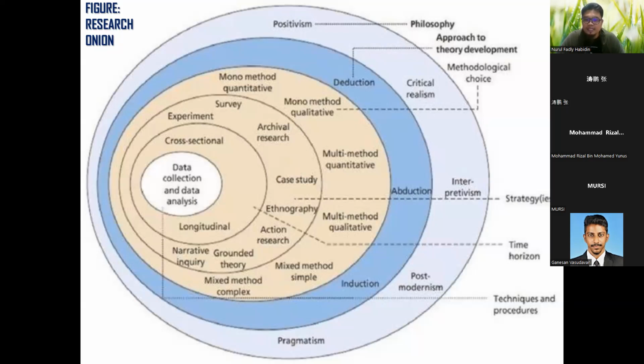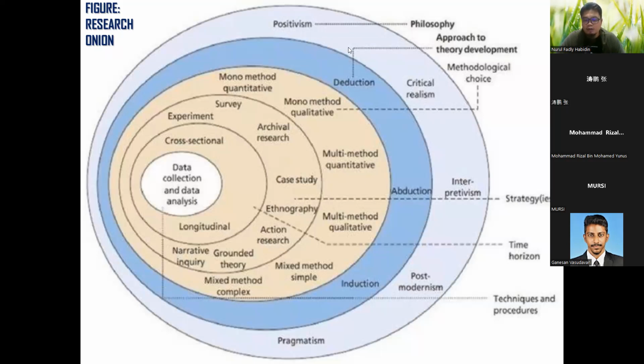If you use two or more, we call it multi method, and we have two types: multi method quantitative and multi method qualitative. Another one is when you use both, one method from quantitative and one from qualitative. We call that mixed method, and there are two types: mixed method simple and mixed method complex.